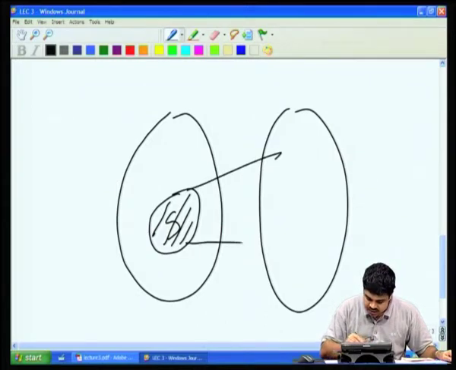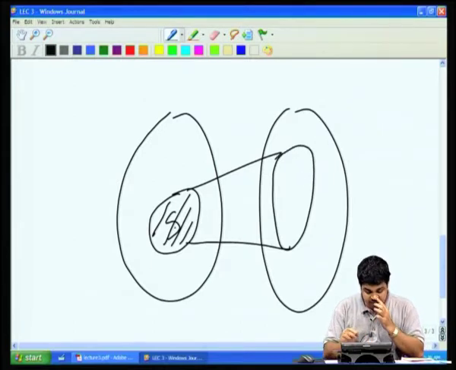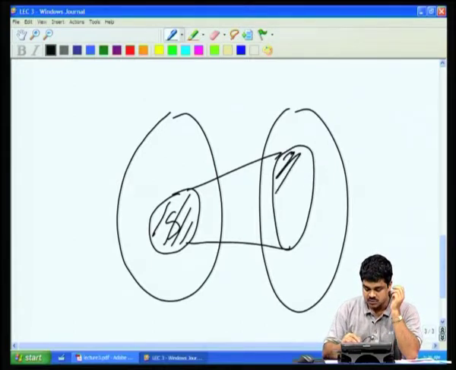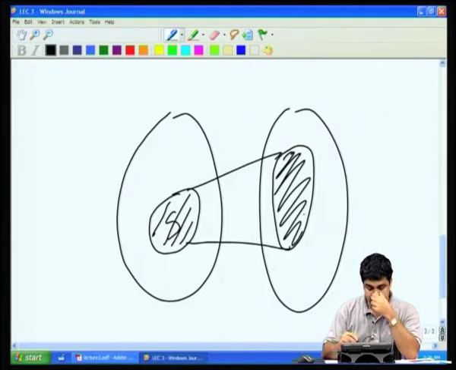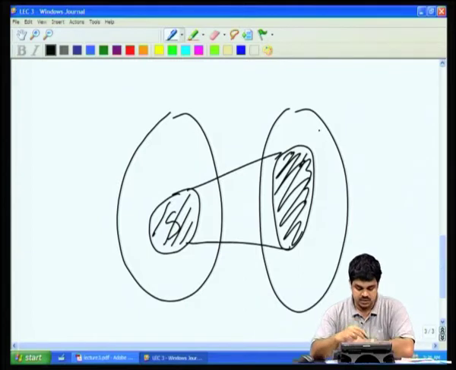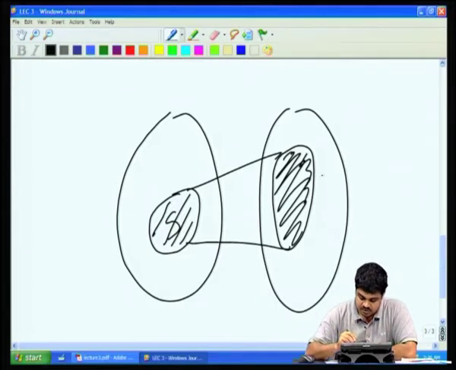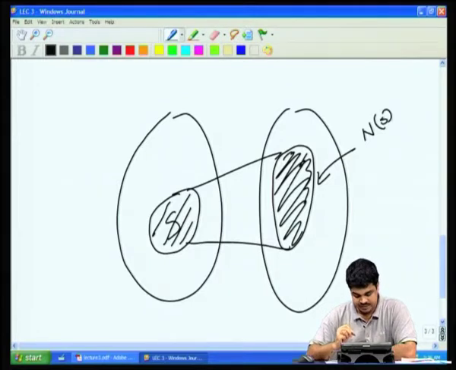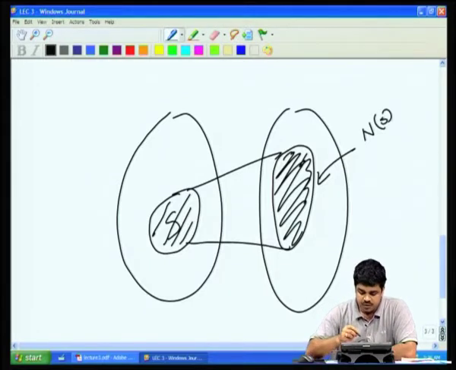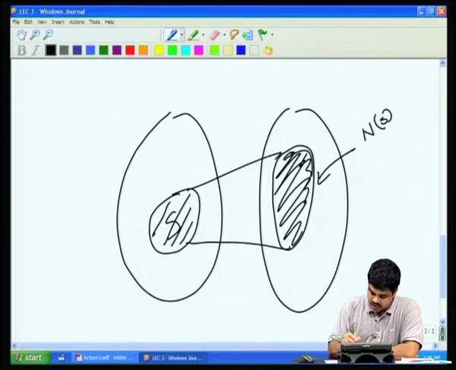Neighborhood means I collect all the vertices which are connected to at least one vertex in S. This is called N of S, the neighborhood of S.